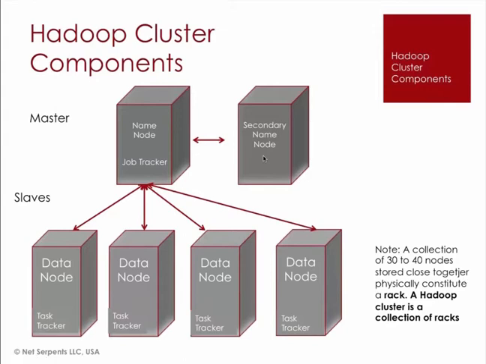So this name node should really be a very sturdy system. It should have a large amount of memory also, because it's containing a lot of information about the data which is stored inside all these data nodes. So it's very important to have this name node as a solid sturdy server.